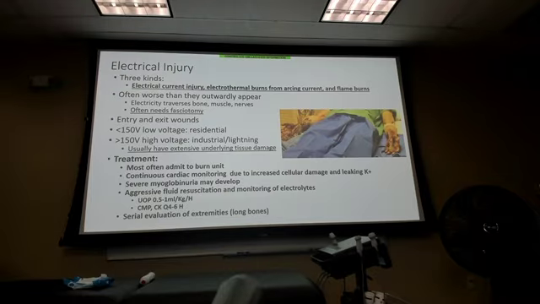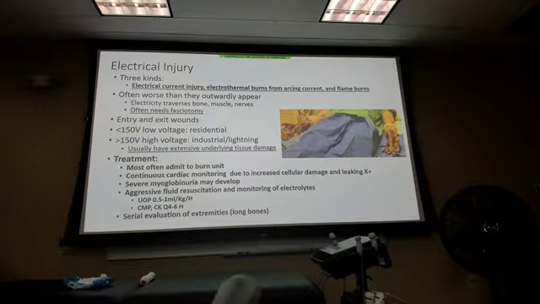All right, electrical injuries. So when we have electrical injuries, we can have the electrical, as in the actual current injury. We can have the electrical thermal burns, and then flame burns from the electrical burn. When we are dealing with electrical burns, the outward appearance is probably going to be a lot less.